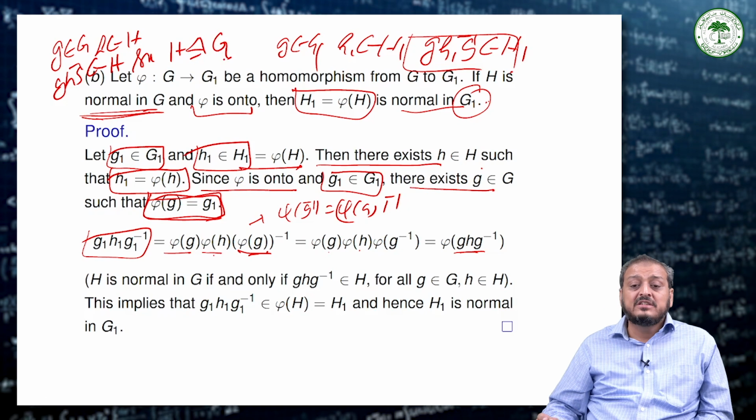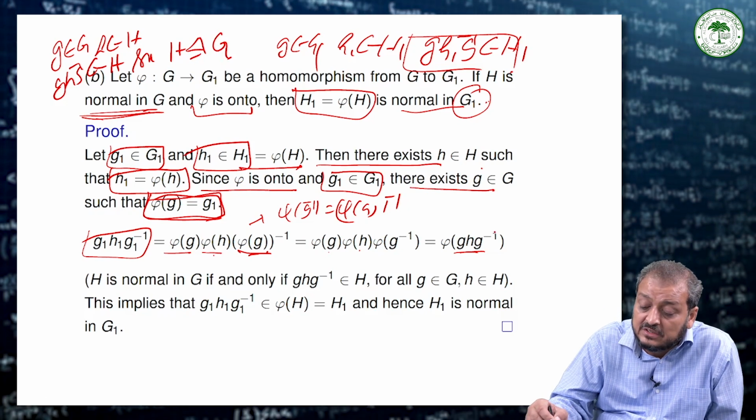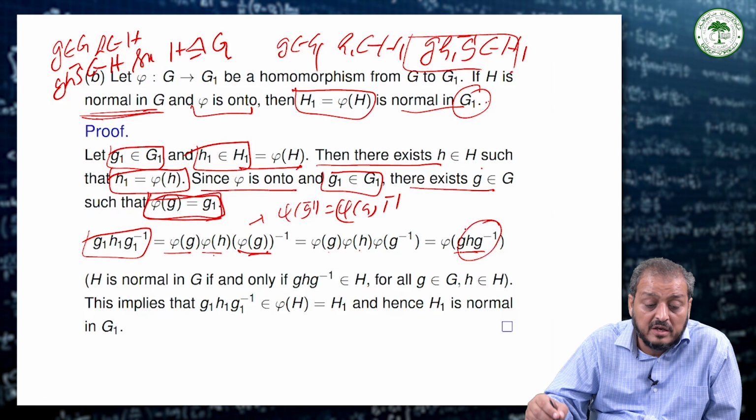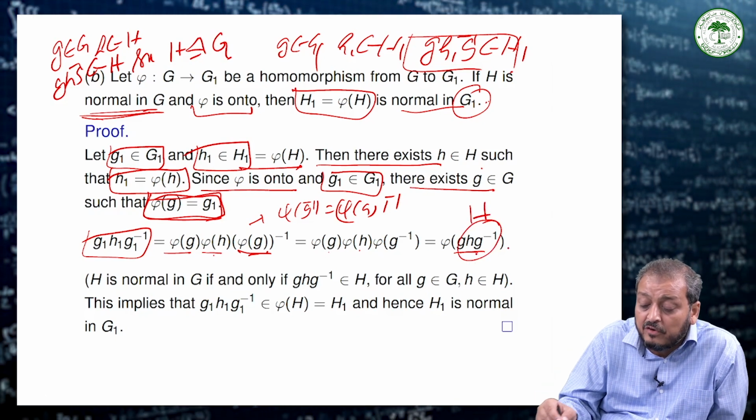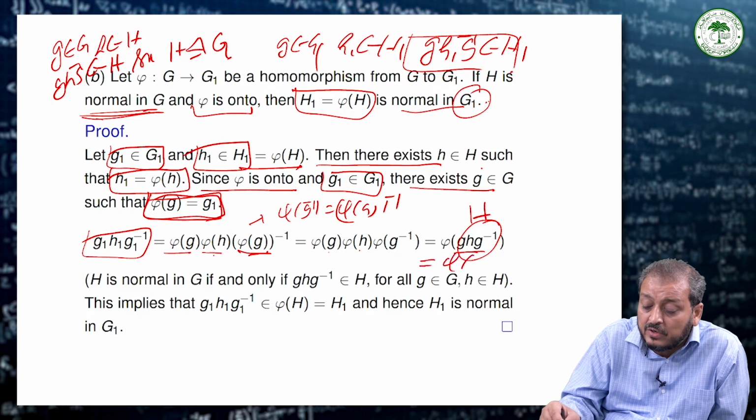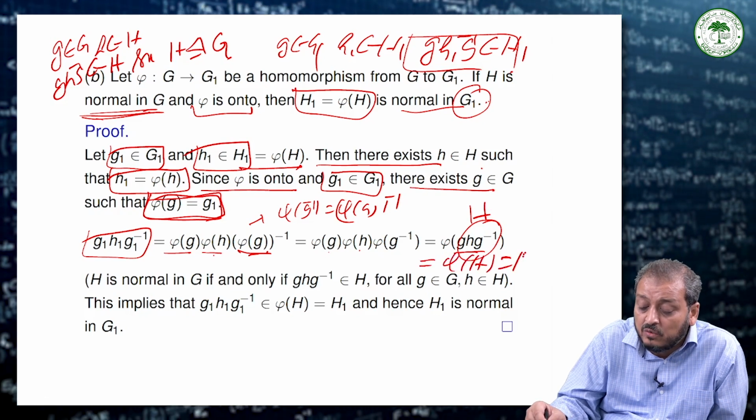So if H is normal in G, this is clearly an element of H, and if this is an element of H, this whole thing is nothing but phi of h, and this is equal to h1.